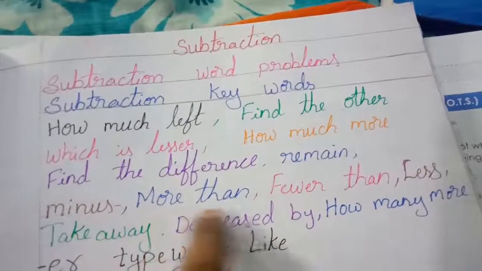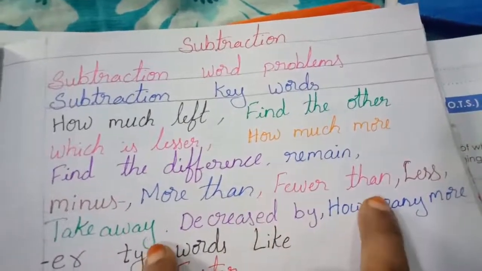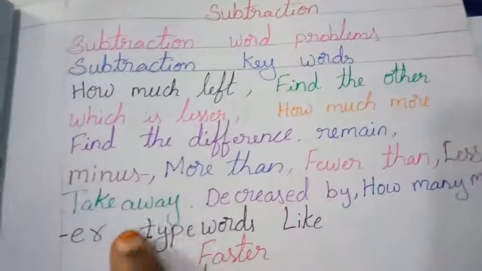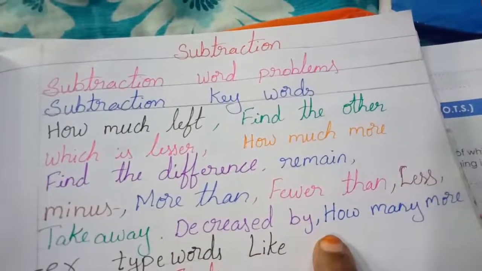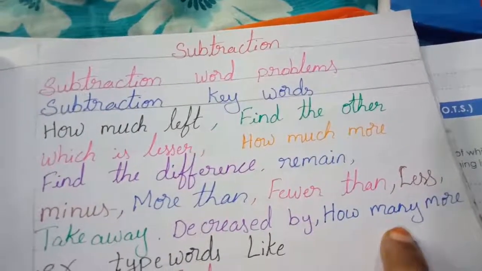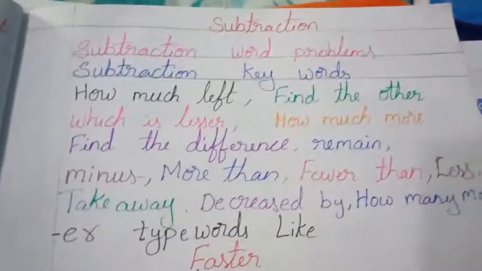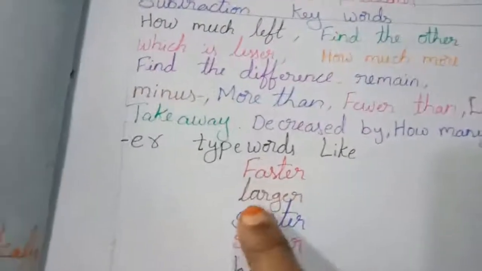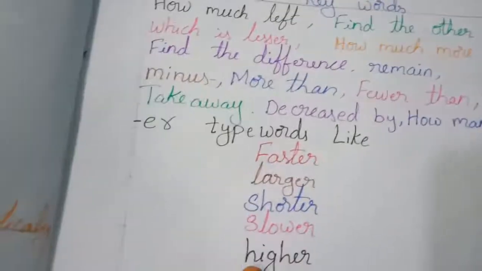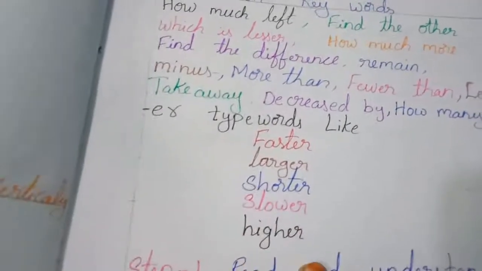Minus. More than. Fewer than. Less. Take away, decreased by. How many more? ER type words like faster, larger, shorter, slower, higher.